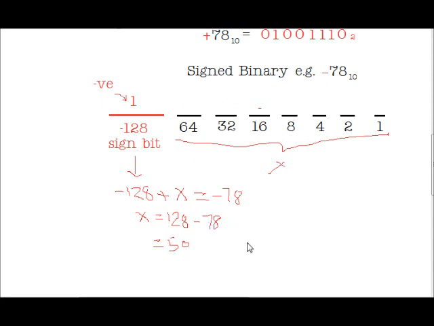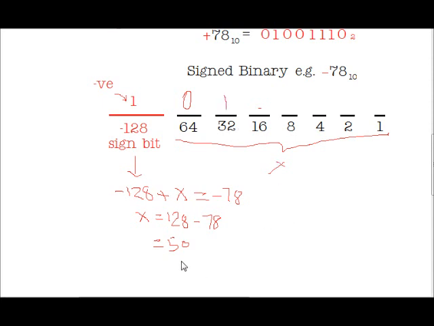So here you see that 64 cannot go into 50, so we'll have a 0. 32 can go into 50, so you have a 1.